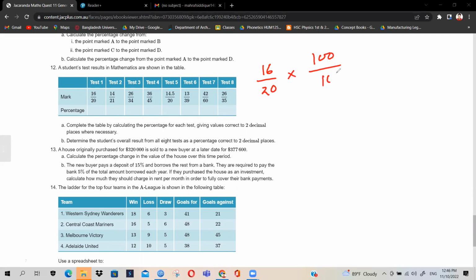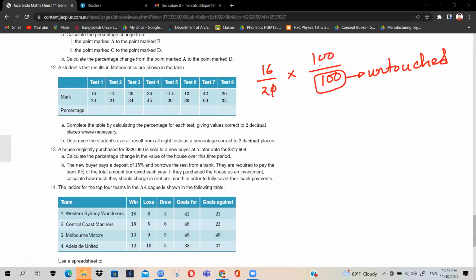Whenever you are given a fraction, you will multiply it with 100 upon 100, because 100% means 100 upon 100. But you will keep this 100 in the denominator untouched. You won't involve it in any multiplication or division; you will work with the other numbers.